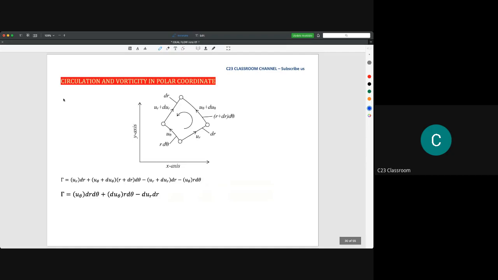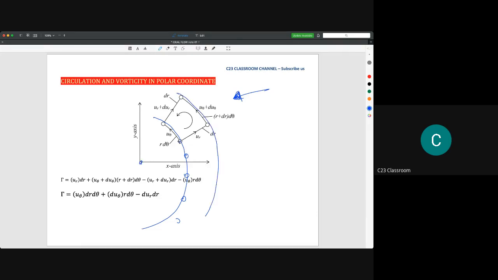Okay, and then I would like to show you how to derive the circulation and vorticity in polar coordinates. This is the diagram that you should know to represent the molecule in polar coordinates. It is the same: we have a lot of molecules here in a certain line like this one. This is the origin.